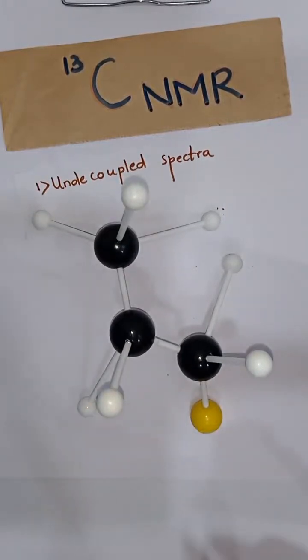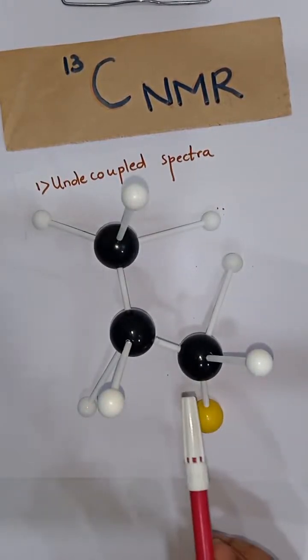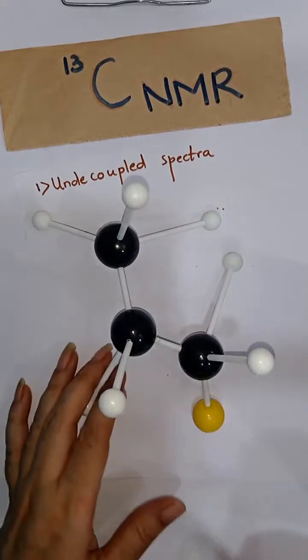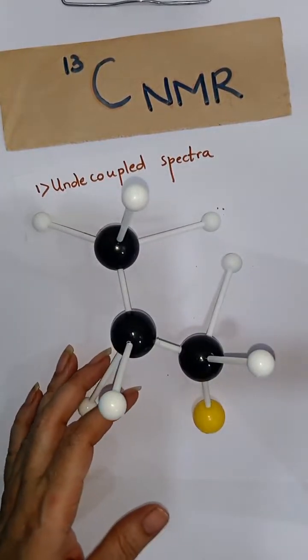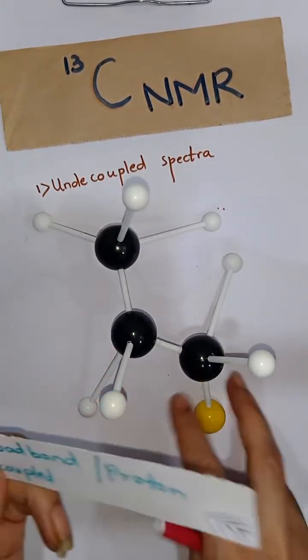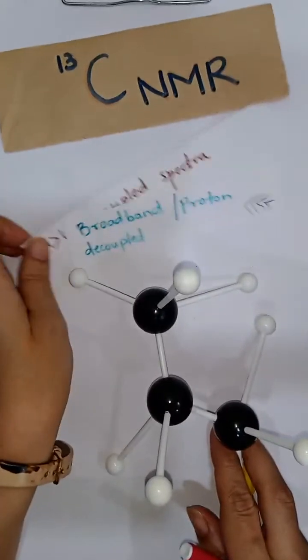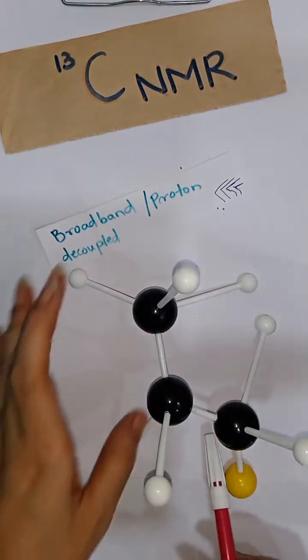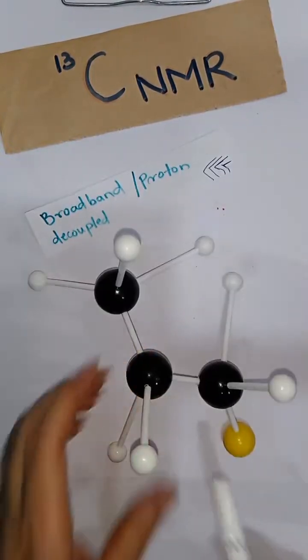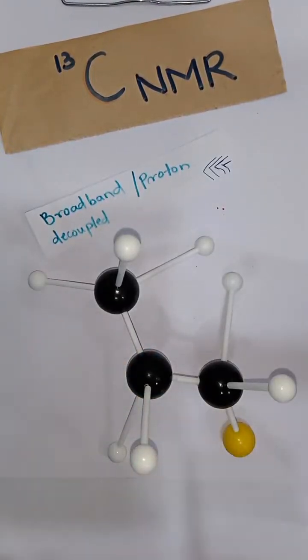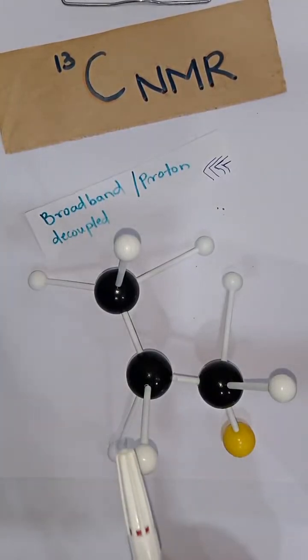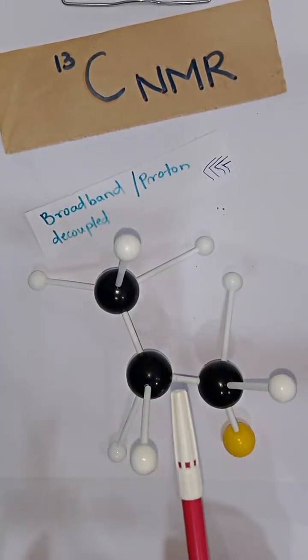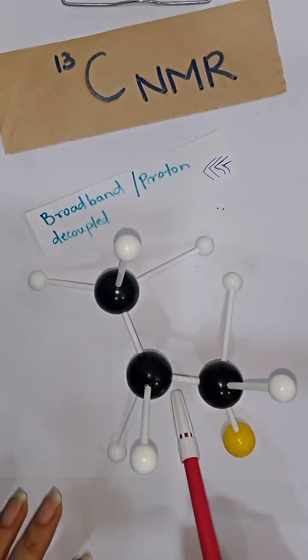To solve this problem, we use the other one called broadband or proton decoupled spectra. Undecoupled spectra is difficult and therefore we use broadband decoupled spectra or proton decoupled spectra.